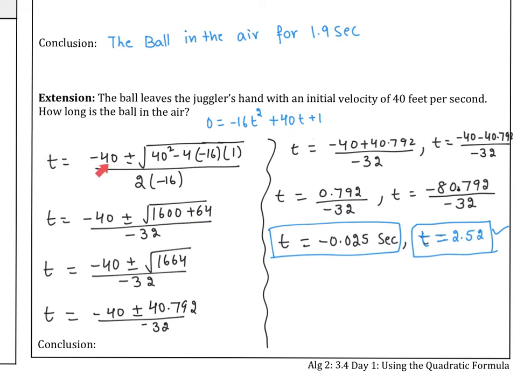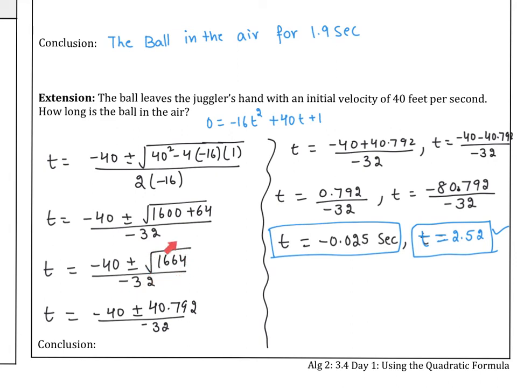You plug it into the formula, negative 40 plus or minus the square root of 40 squared minus 4 times a times c, and on the bottom you have 2 times a. 40 squared is 1600, and negative 4 times negative 16 times 1 is 64. So negative 40 plus or minus the square root of 1664, divided by negative 32.